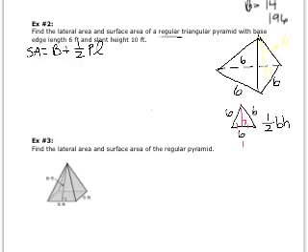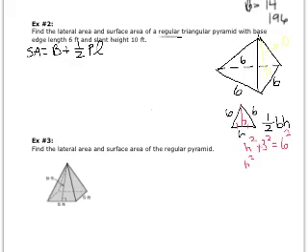So when I go through area, I'm going to do 1/2. The whole base is 6. I'm sorry, let's back up. I can't do that part yet. I'm going to erase that. I have to do the Pythagorean theorem in order to get that height. So I have to do a squared plus b squared equals c squared. I'm going to call my height h. h squared plus 3 squared equals 6 squared.